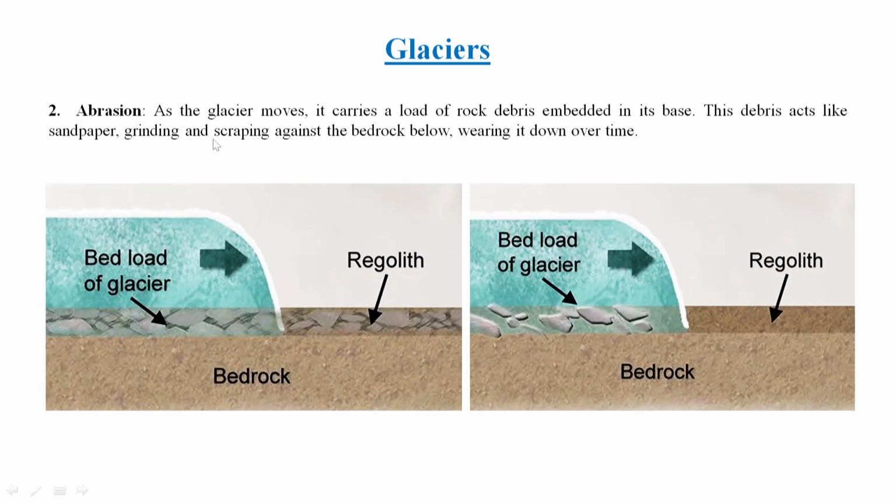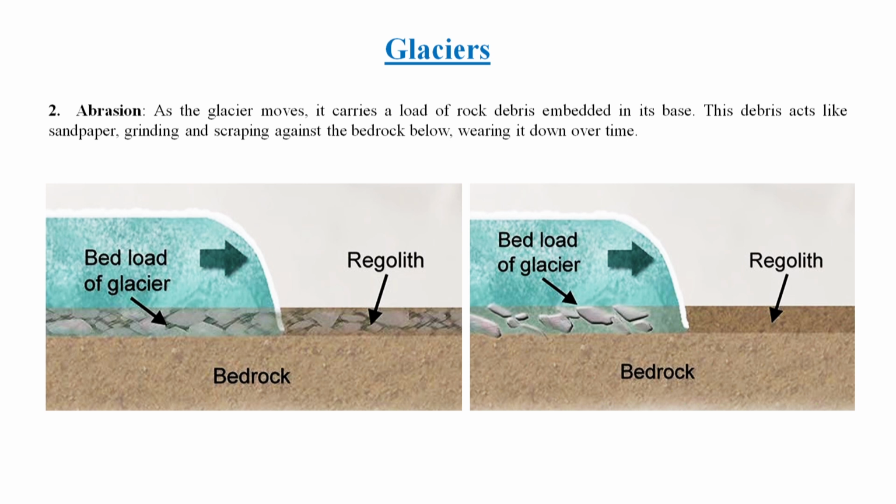As the glacier moves, it carries a load of rock debris that has already been plucked, for example, due to the movement of the glacier, and this rock debris will be embedded at the base of the glacier. This debris acts like sandpaper.